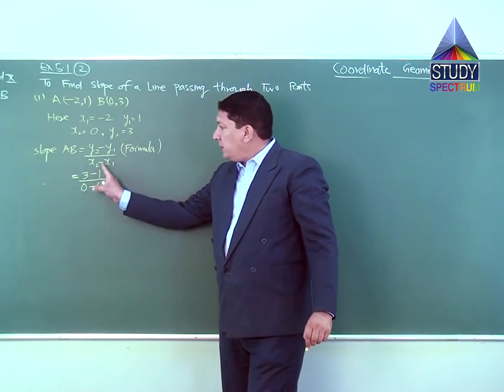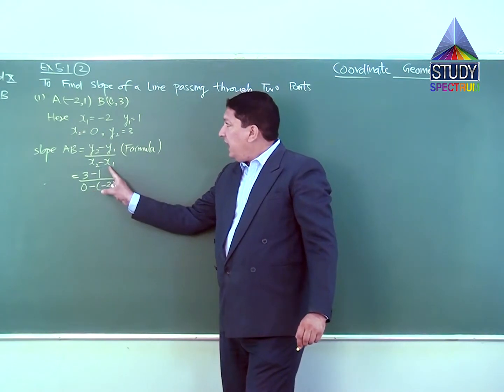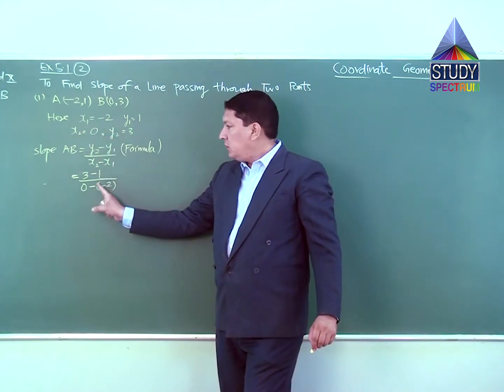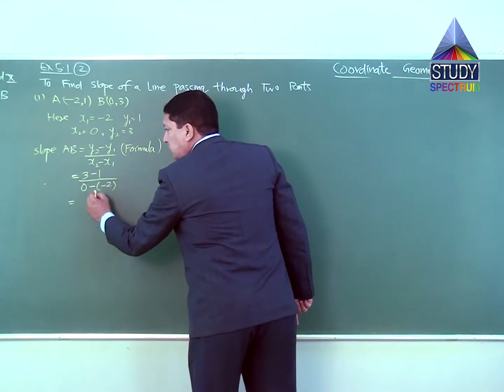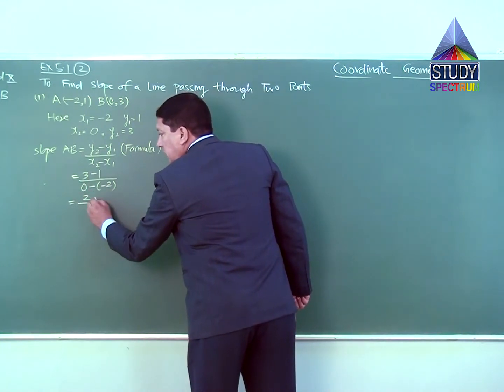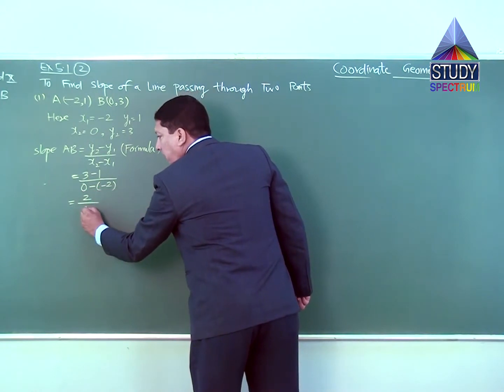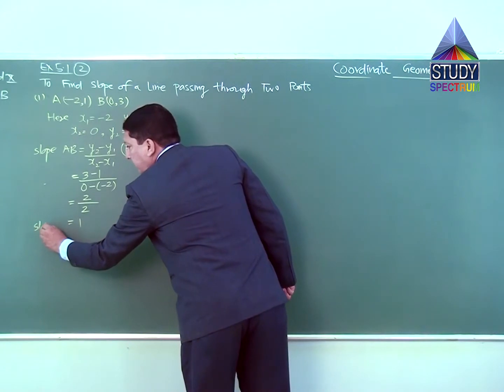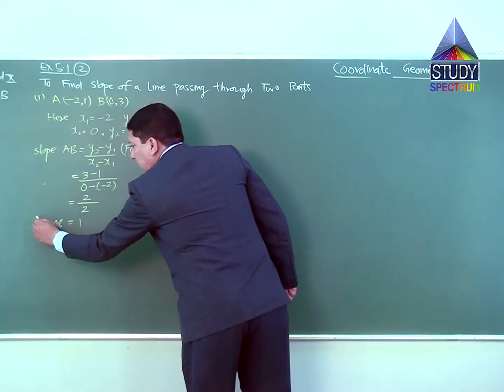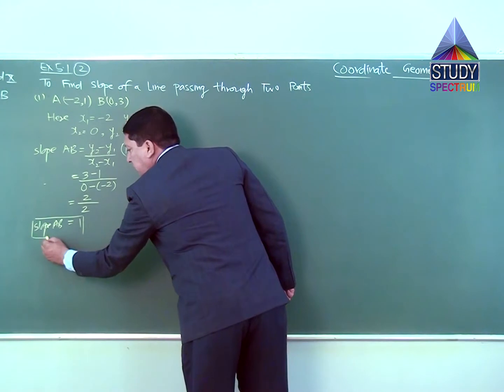Because the minus sign is already here and x1 is -2. So 3 minus 1 is 2, 0 minus of -2 is +2. This gives you 1. The slope of AB equals 1. This is your answer.